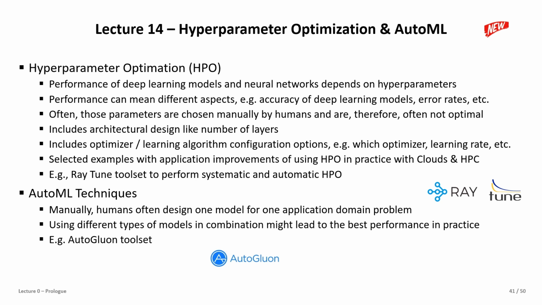Another goal of automated machine learning is that sometimes the user of deep learning maybe doesn't need to be an expert in machine learning, and these toolsets help this kind of researcher to use the capability of machine learning. The example will be from the AutoGluon toolset to present this capability of AutoML.